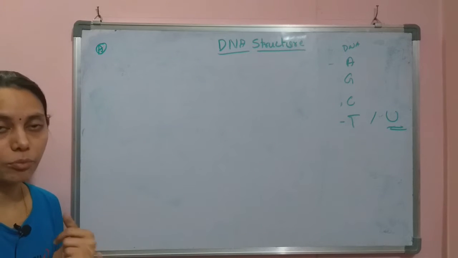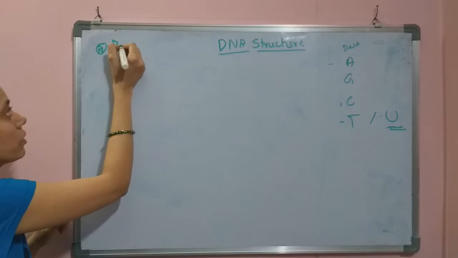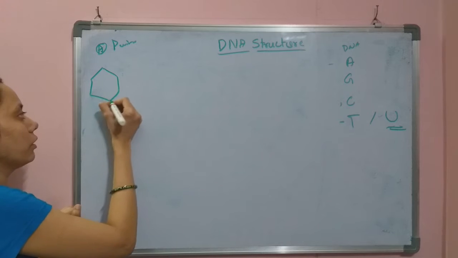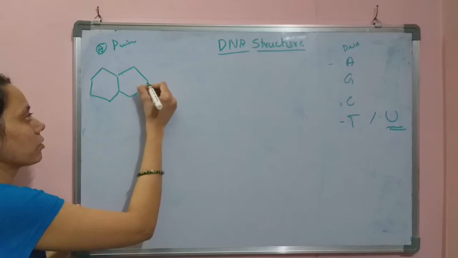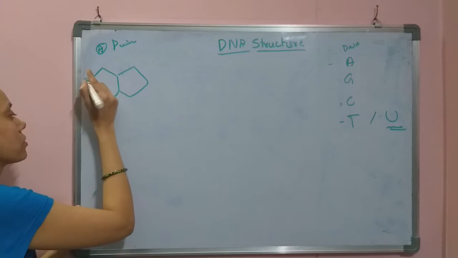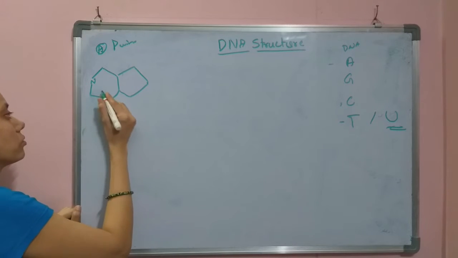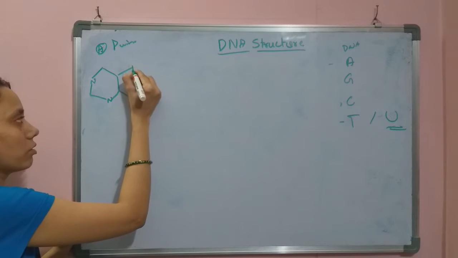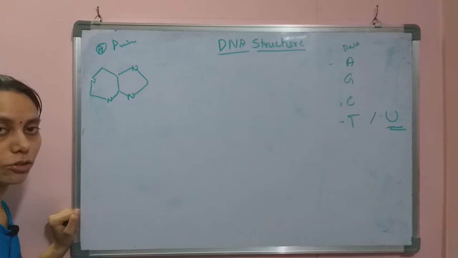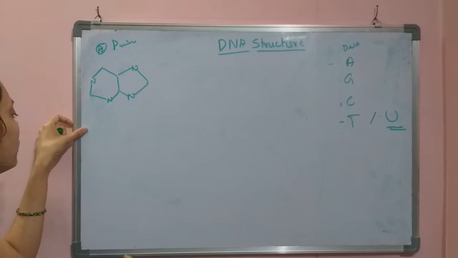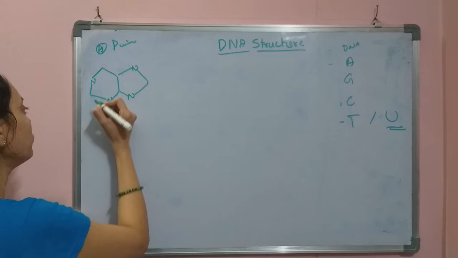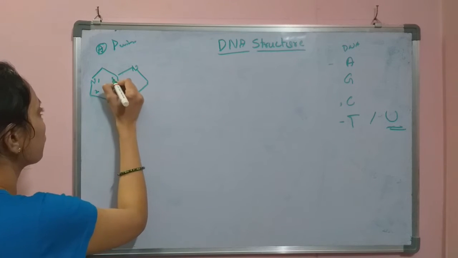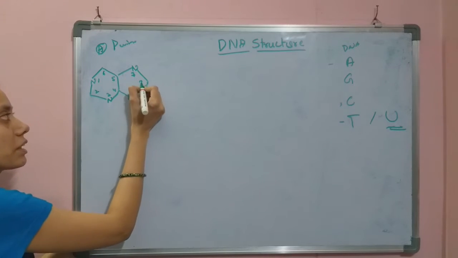Adenine is basically a type of purine. So we'll find this purine ring. Purine is basically a heterocyclic ring. There are 2 cycles, and as it is a heterocyclic ring, along with the carbons we also find nitrogens in it. The numbering will start from here: 1, 2, 3, 4, 5, 6, 7, 8 and 9.